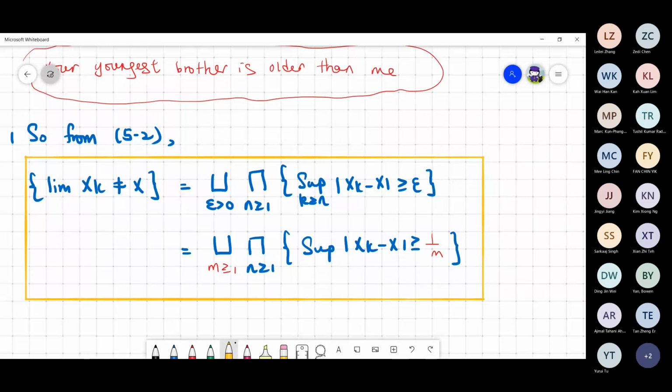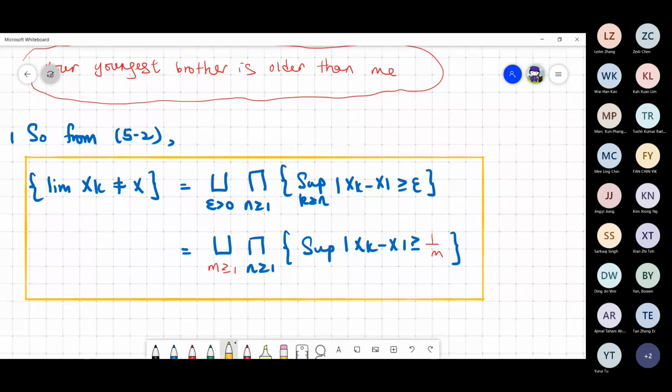Okay, can you repeat your question once again? Does it matter if the sup is inside or outside the bracket? Does it matter? Yeah, before that, am I still sharing? Yeah, I'm still sharing, right? Okay.